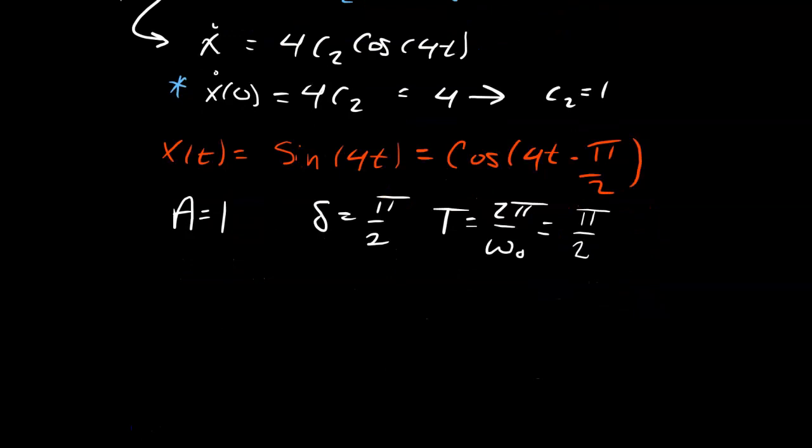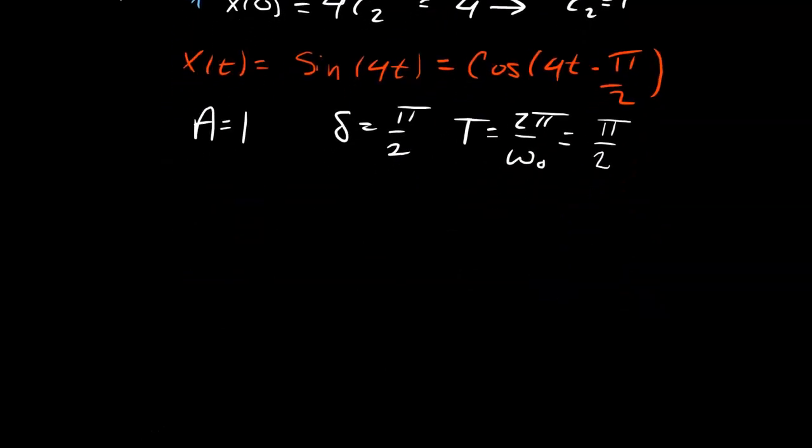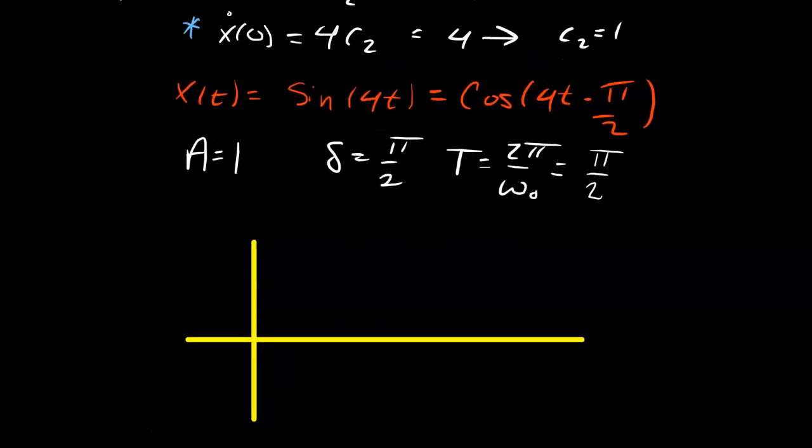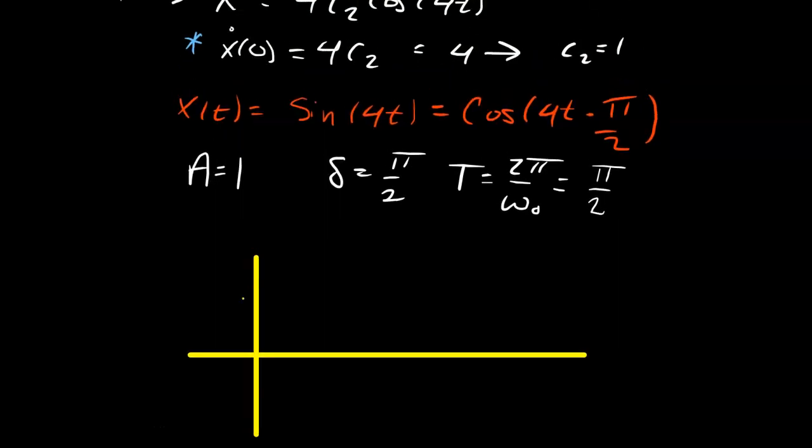Sometimes I find it helpful to think about what this would really look like. So the idea here is if we graphed it, let me make some axes here. The amplitude tells you the high and the low values of it. So in this case, it's going to go up to 1, down to -1.